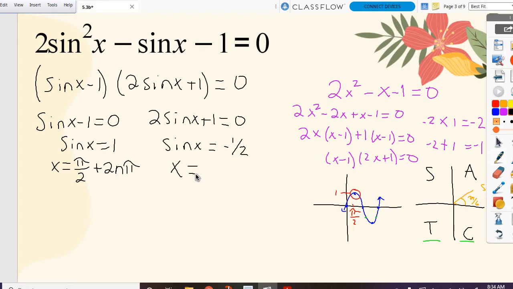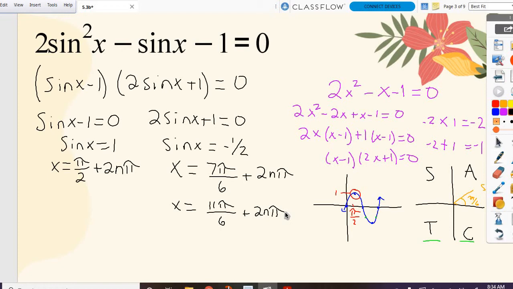So if I'm in my third quadrant, it's 1 more than the denominator on top, so that would be 7 pi over 6, because I need a reference angle of pi over 6. And then in our fourth quadrant, it's going to be 2 times the denominator minus 1, so it's going to be 11 pi over 6.